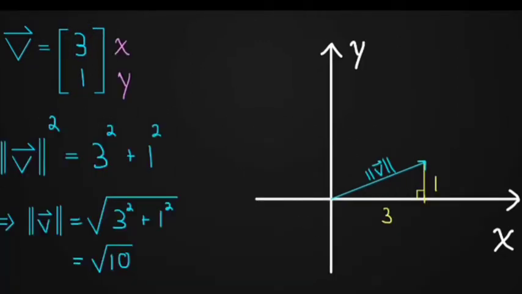To determine the magnitude of the vector v, the x component is 3 and the y component is 1. The magnitude of the vector v is the hypotenuse from that triangle, where the opposite and adjacent are 3 and 1 respectively. Now, by using Pythagoras theorem, the magnitude of v is equal to the square root of 3 squared plus 1 squared, which gives square root of 10.